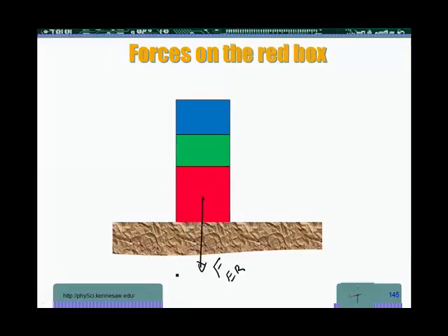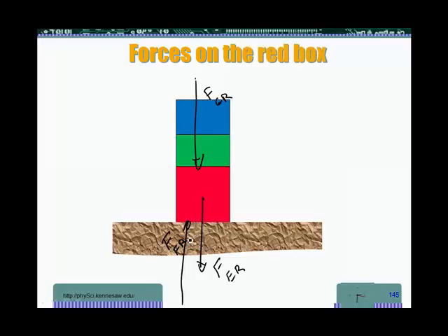So instead of that FRG, I'm going to have a reaction to that. That's going to be F, the normal force that the green box is going to exert on the red, so FGR. And then there is the floor. The floor is going to exert a normal force supporting the red box, and that normal force is going to point upwards. F floor on red.